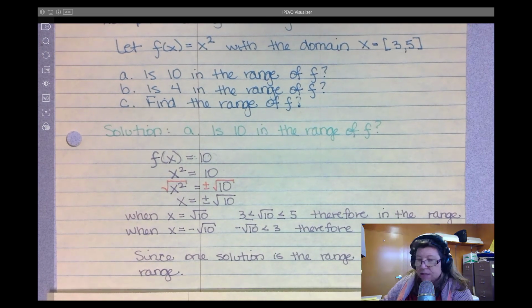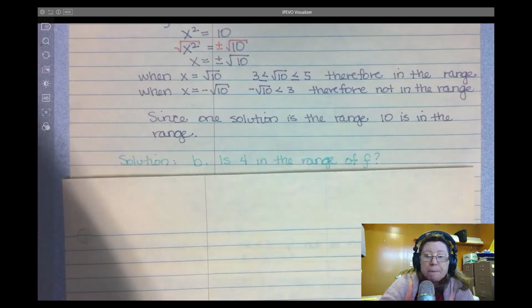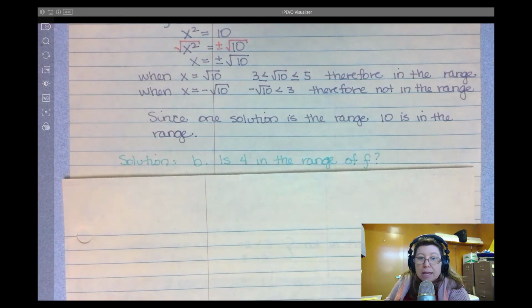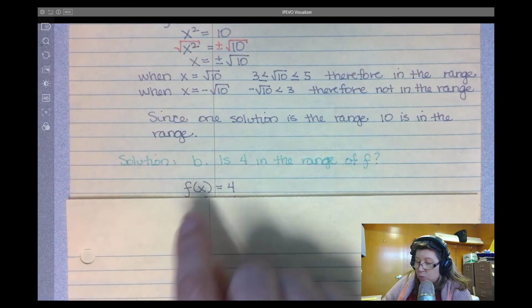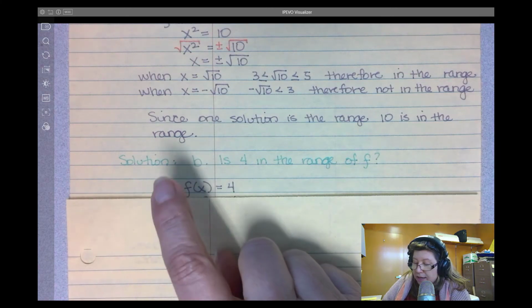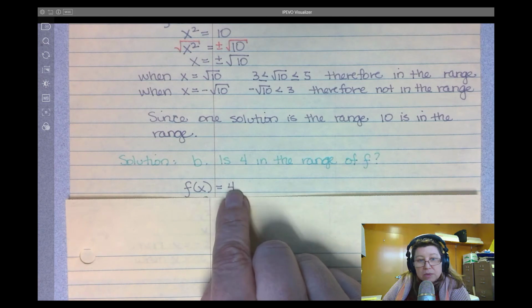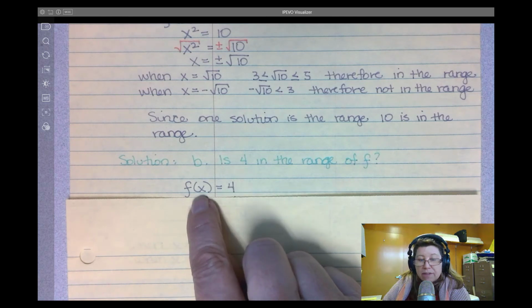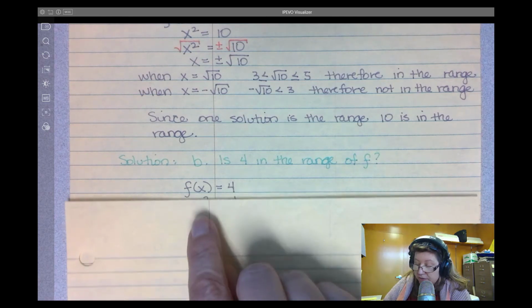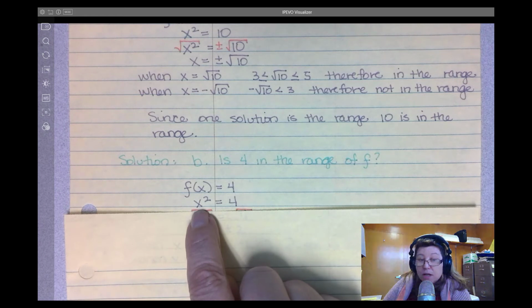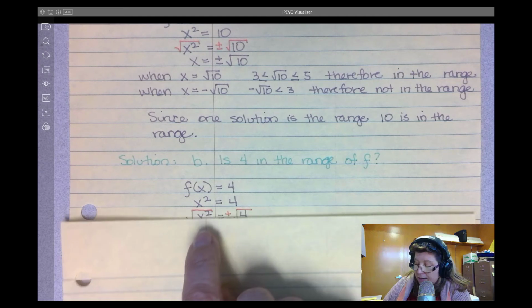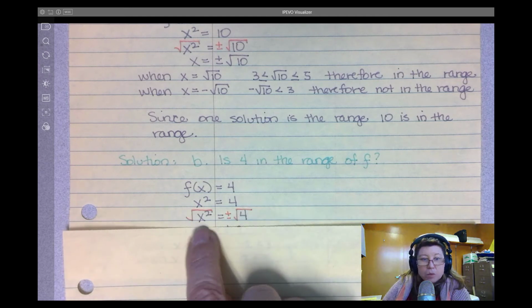Now, let's look at if 4 is in the range. Again, we're going to play the same trick. Since f of x equals 4, we can rewrite f of x as the defined version of it and say it's x squared. We're going to take the square root of both sides. Don't forget that plus or minus on the right. And we get the square root of x squared equals plus or minus the square root of 4.